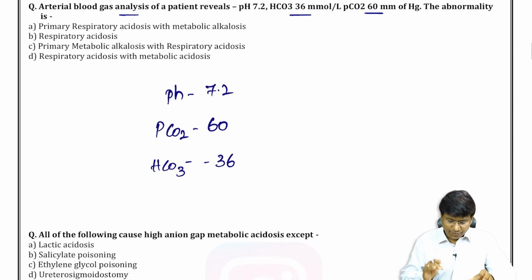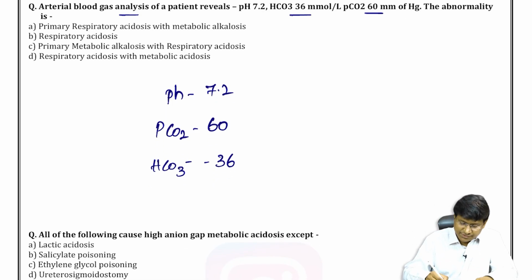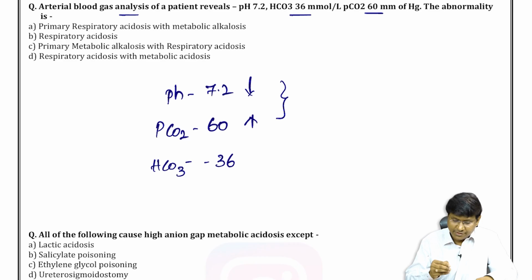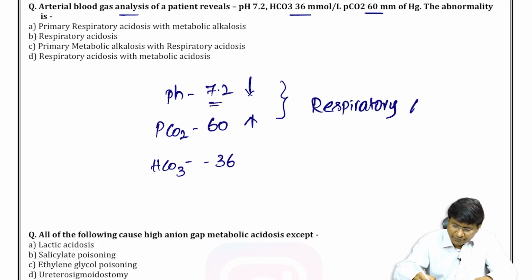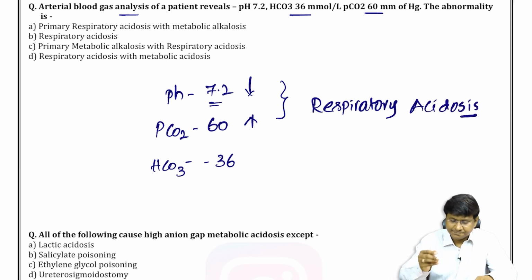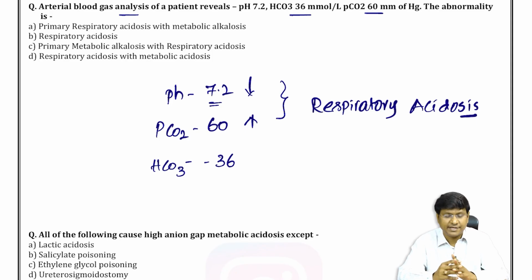You see here, what has happened to pH? Reduced. And what has happened to carbon dioxide? Increased. Both of them have changed in opposite direction. When both change in opposite direction, what is the primary problem? That will be respiratory. Because the pH is reduced, we call this respiratory acidosis.